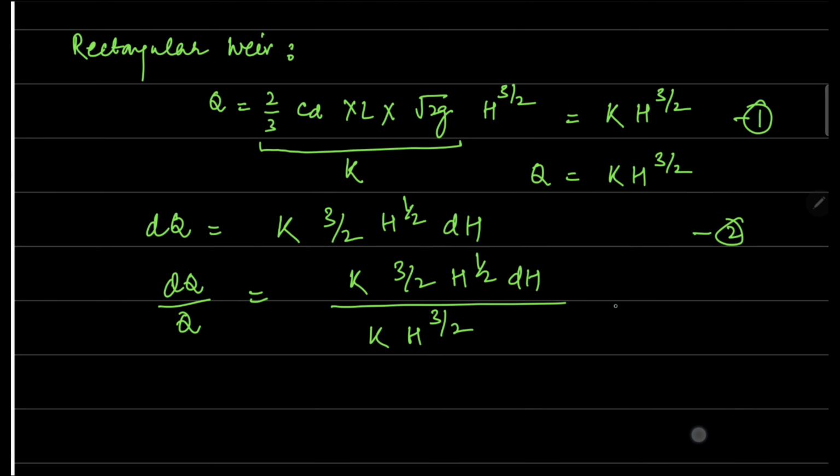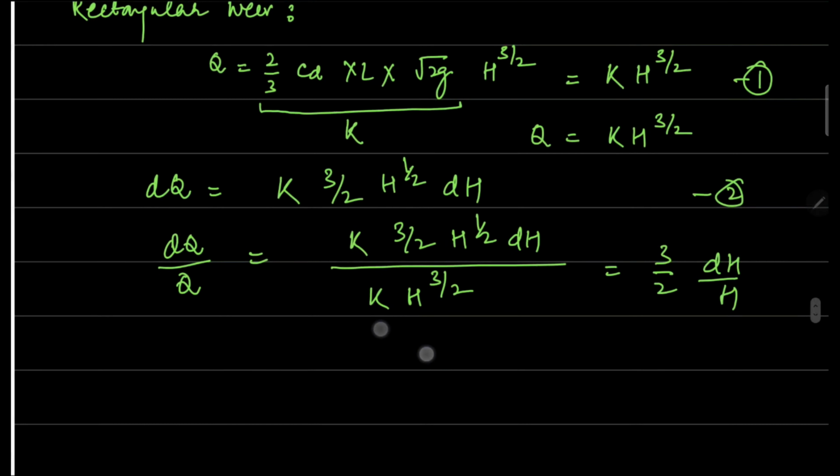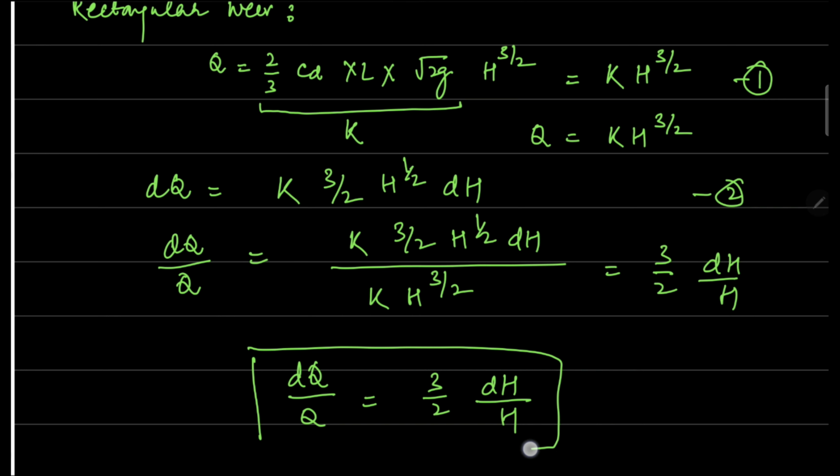So we get 3 by 2 dh by h. So dQ by Q is equal to 3 by 2 dh by h. This is valid for the rectangular shaped notch.